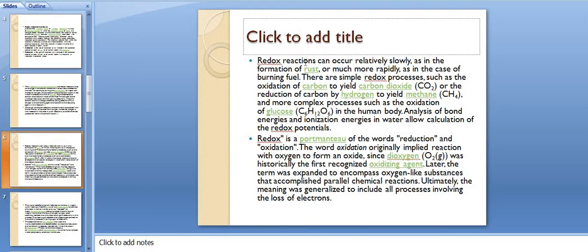There are simple redox processes such as the oxidation of carbon to yield carbon dioxide or the reduction of carbon by hydrogen to yield methane, and more complex processes such as oxidation of glucose in the human body.